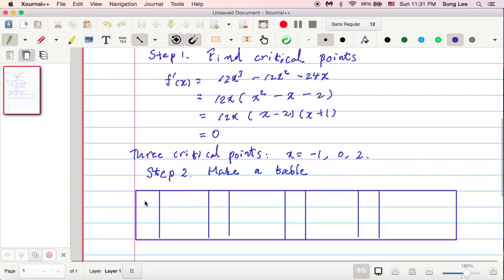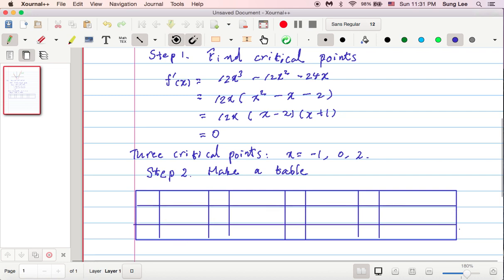Okay, I've got eight columns, I believe: 1, 2, 3, 4, 5, 6, 7, 8. So we are good to go.